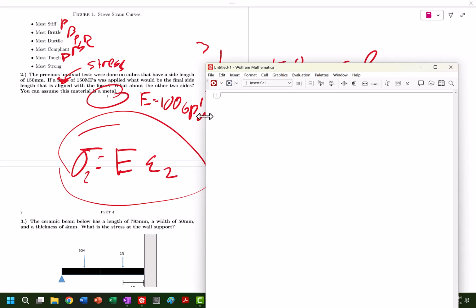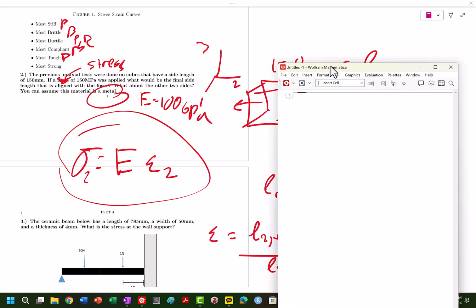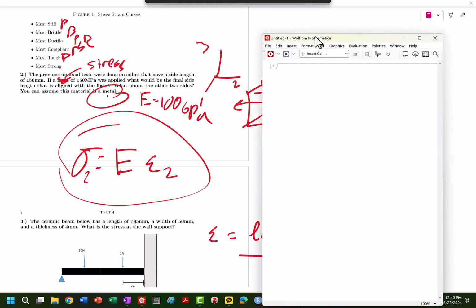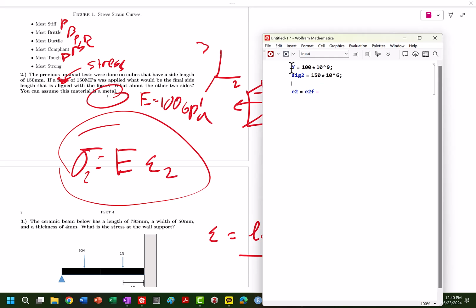Actually, we can set that, for example, we know that our strain in the two direction is equal to E2 final minus E2 initial. I'm going to define here Young's modulus is equal to 100 times 10 to the 9th. Our sigma 2 is equal to 150 times 10 to the 6th. We can also say that our E2 initial is equal to 150 times 10 to the minus 3.